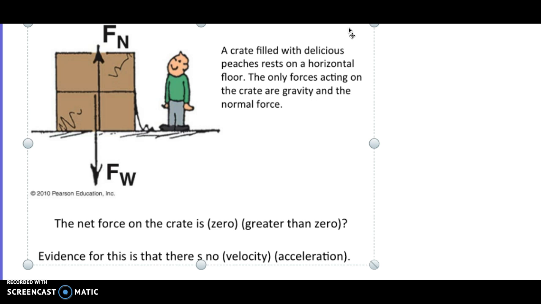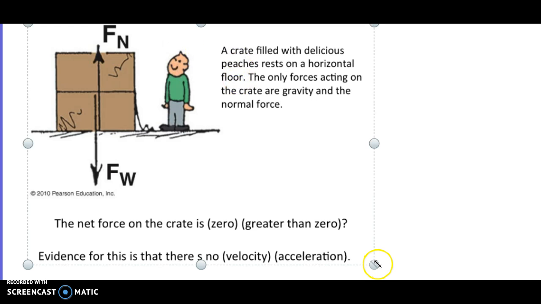If it's just sitting there, is it accelerating? No. So there's no acceleration. And that means the net force on the crate must be 0, because if there's more than 0, there would be an acceleration or deceleration, either positive or negative acceleration. It would be changing its velocity. But since it's just sitting there, we know that the net force is 0, and that means that there is no acceleration.